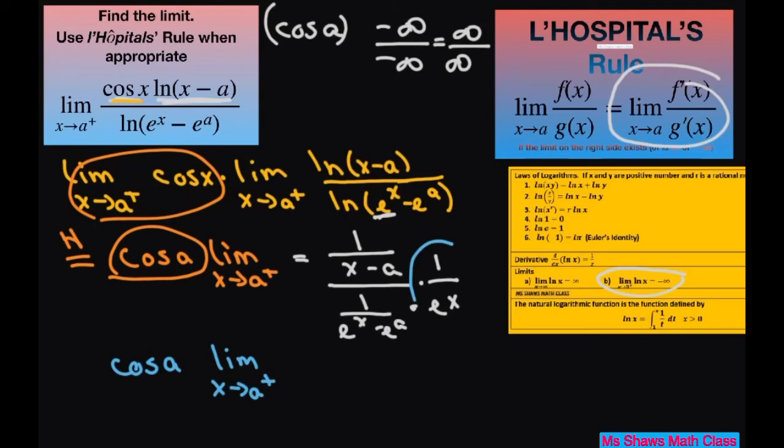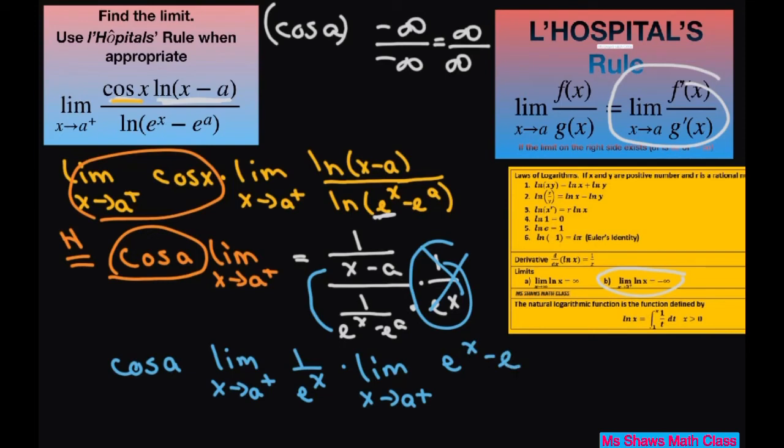I'm going to pull this out and write this as 1 divided by e to the x times, and now that that's gone, I'm going to flip this around to the limit as x approaches a from the right of e to the x minus e to the a power divided by x minus a.